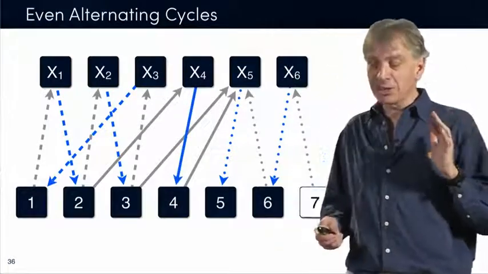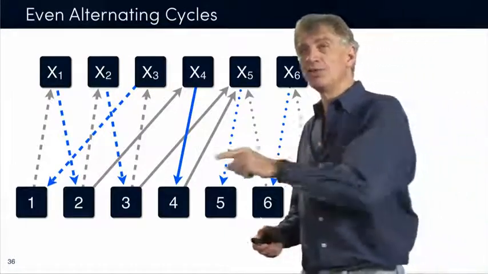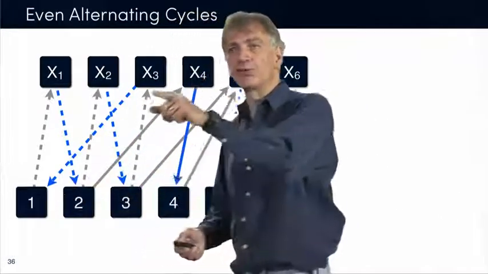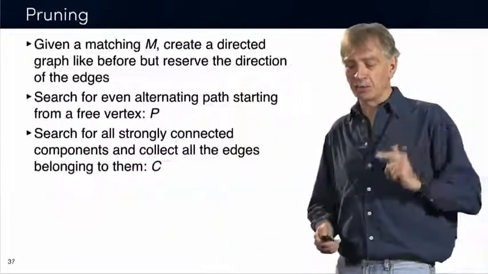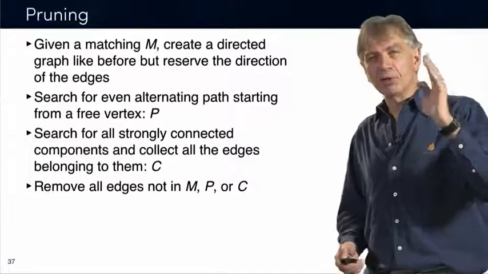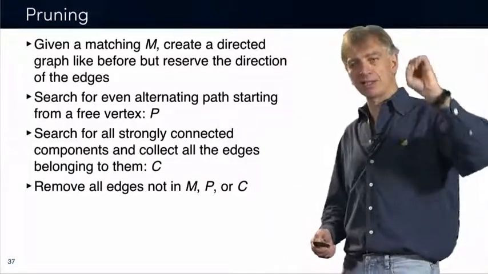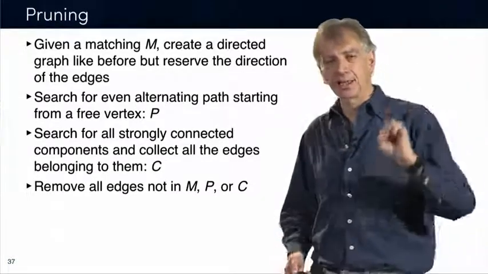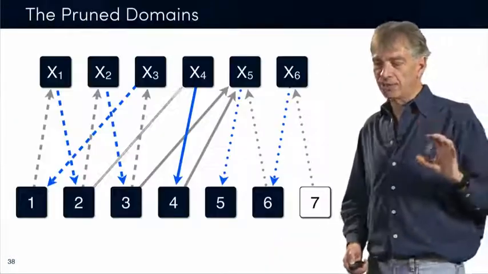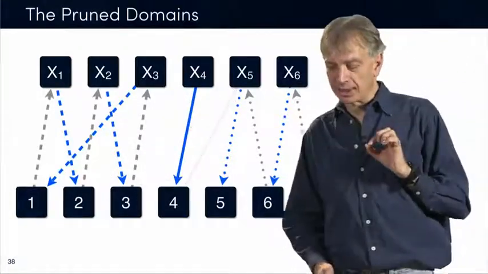Okay, so in this particular case, you see this value 2 to x4 that we discussed at the beginning of the lecture, we know that we can remove it. And so you can remove all the edges which don't belong to the even alternating path starting from a free vertex, to the even alternating cycle, and then the matching. So you can remove x4 to 2, you can remove x5 to 3 and x5 to 4.